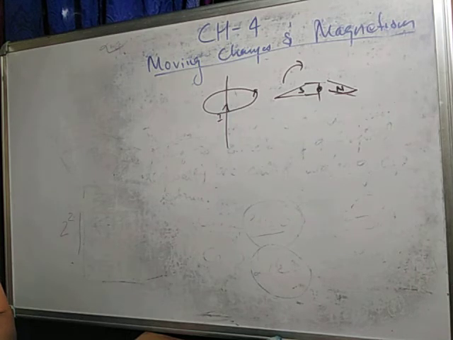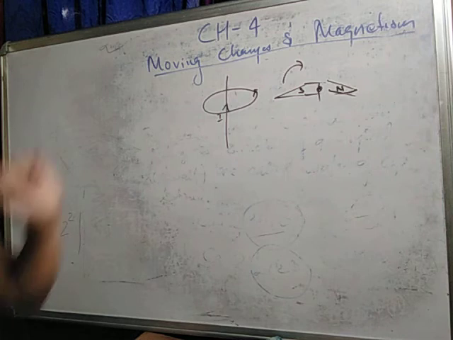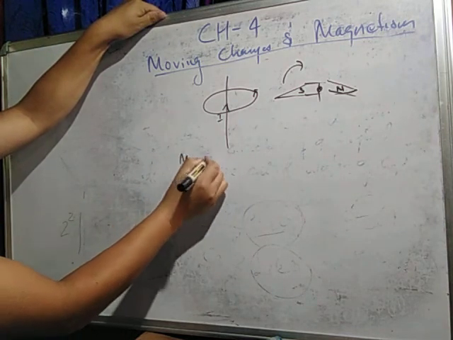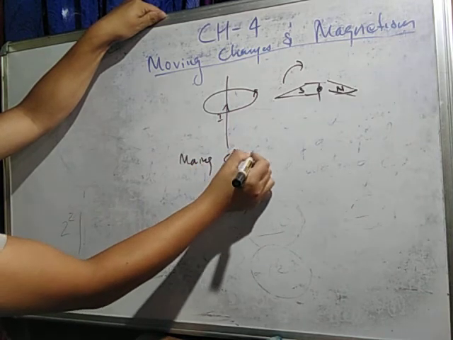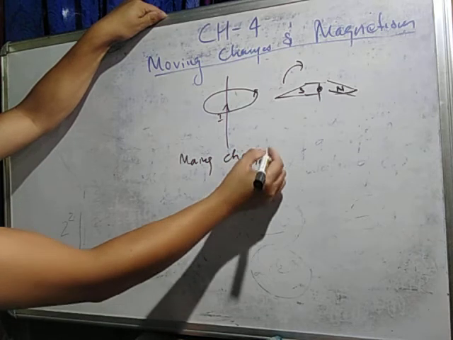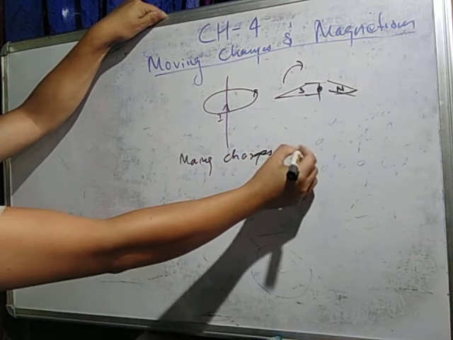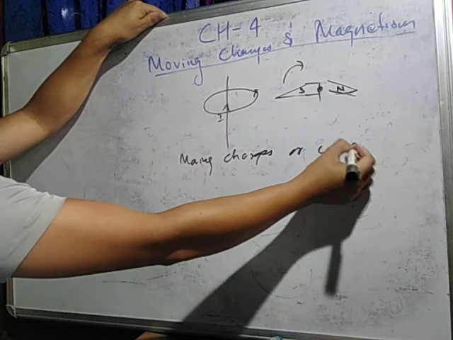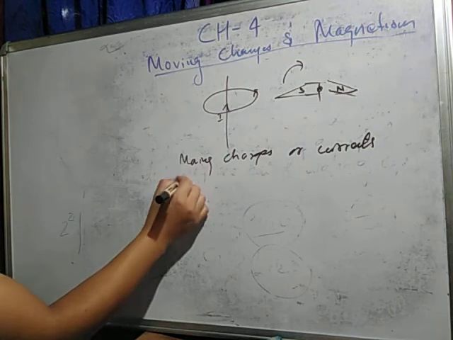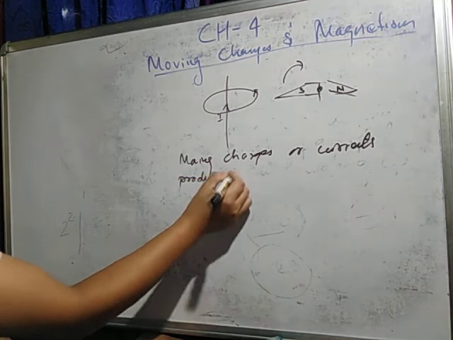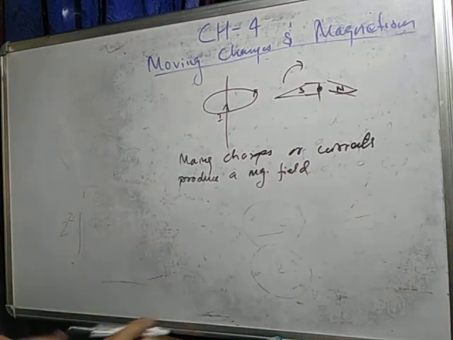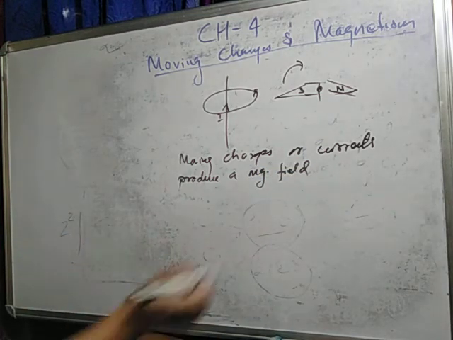What he concluded is that moving charges or currents produce a magnetic field in the surrounding space.